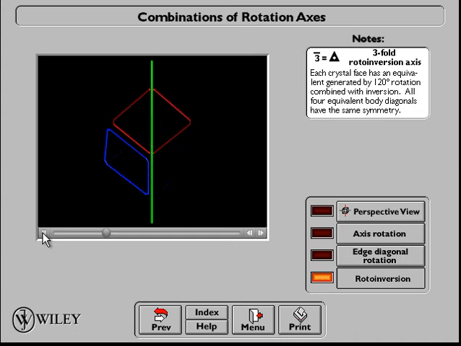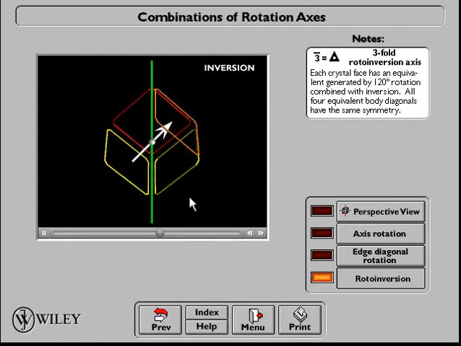Then we are making the inversion, then we are making a rotation, and then we are making the inversion. And then the 120-degree rotation, the inversion, and the rotation at 120 degrees.